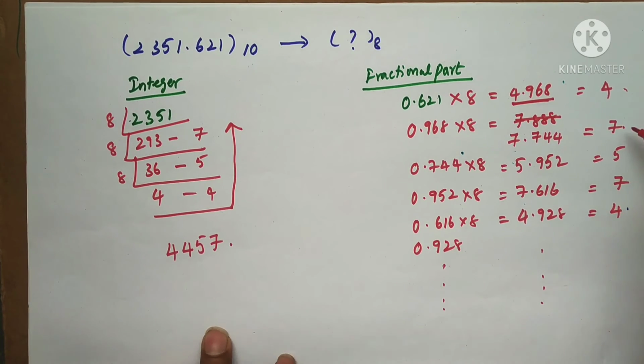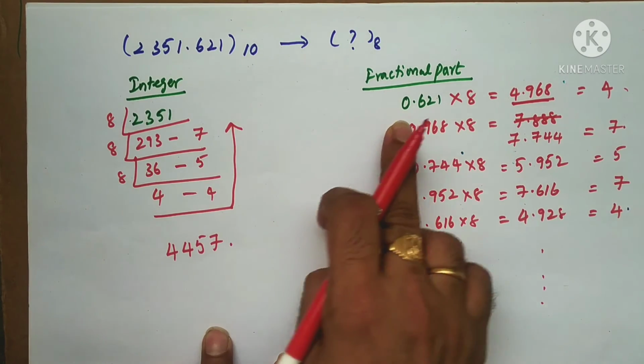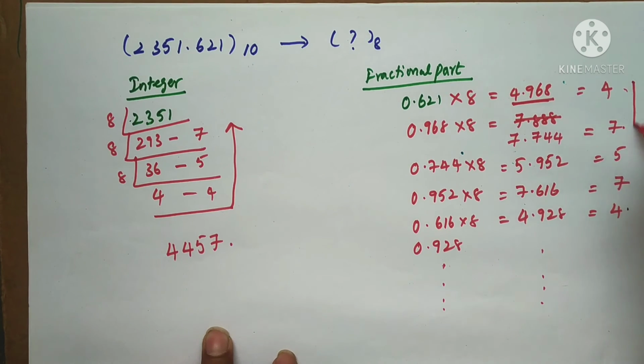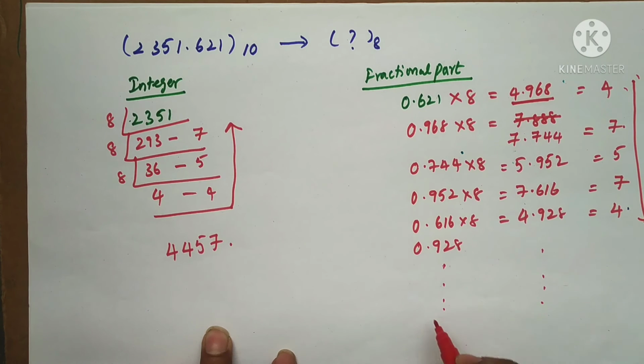Write down the integer parts you have taken out from the answers when multiplying with 8, from top to bottom. The value here is 47574. Write down from top to bottom.